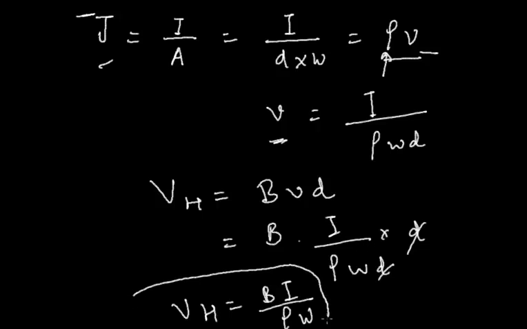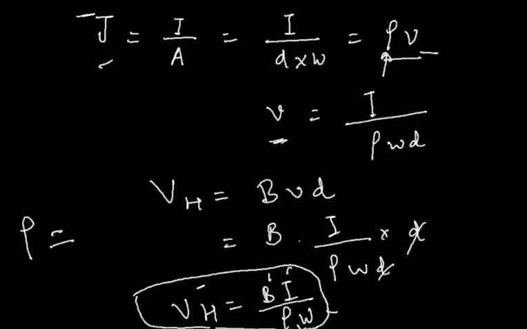So this is the expression of Hall voltage. And in this expression, if we have the values of these quantities B, I, rho, and W, we can find out the Hall voltage, or we can also find out the charge density, which is rho. If the remaining four quantities are known, then we can easily find out the value of charge density, rho.